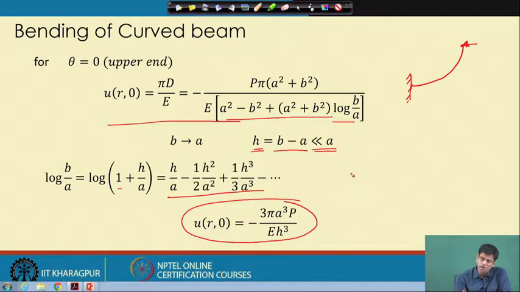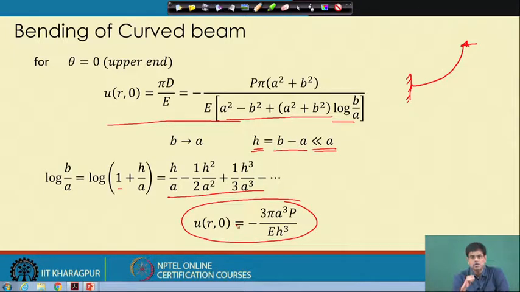That means, because h becomes small, the cube becomes small, the square becomes small, and the fourth power becomes small. So if we neglect those higher order terms, then we get this solution. This is the same as what we got from the strength of material approach.